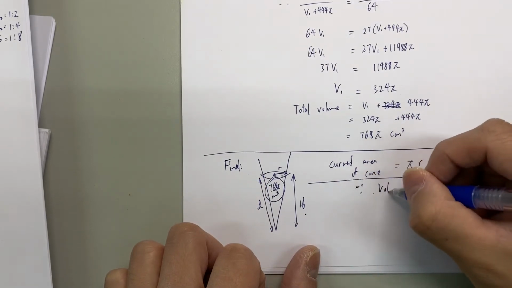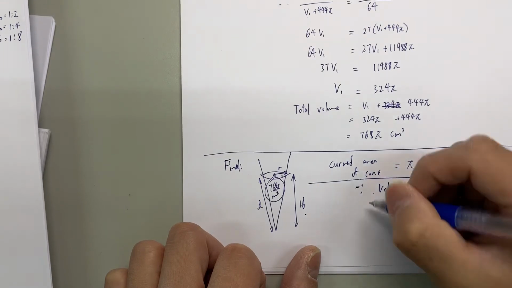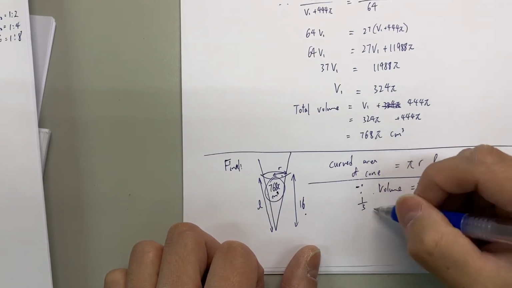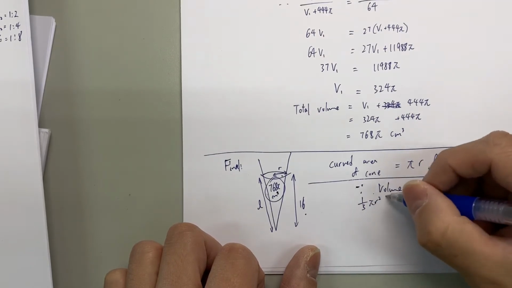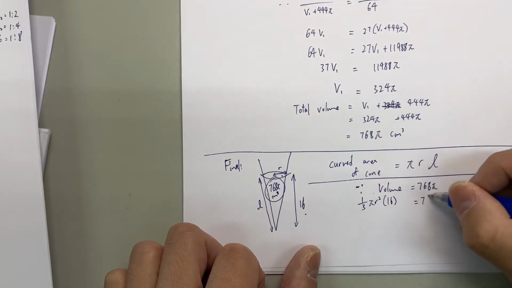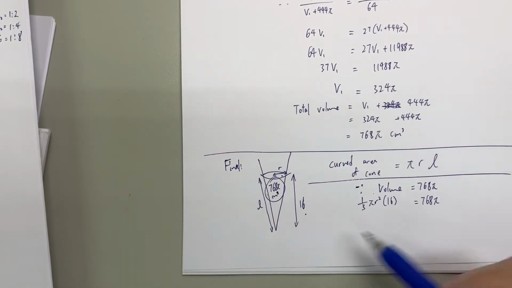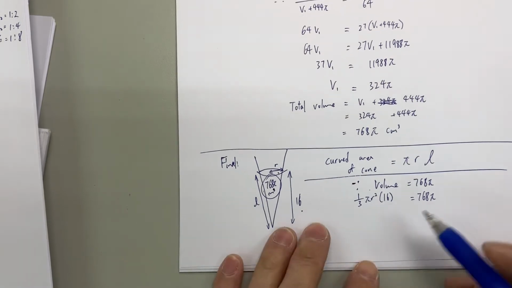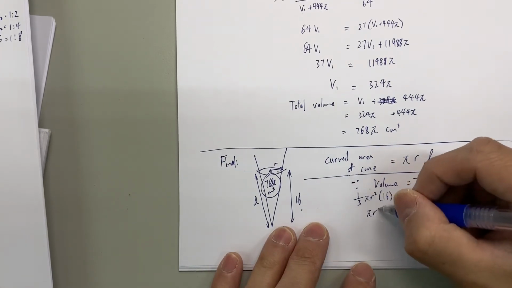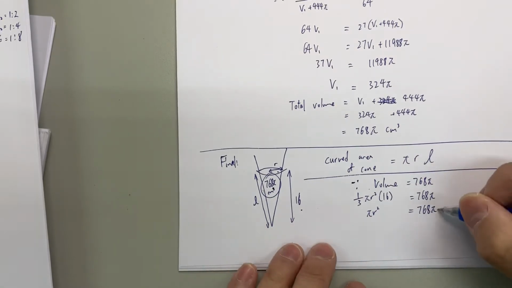Since volume is equal to 768 pi, that means for a cone, 1/3 base area times height is equal to 768 pi. Again, we build up an equation with the information given with only one unknown, then we can solve it. Pi r squared is equal to 768 pi times 3 divided by 16.